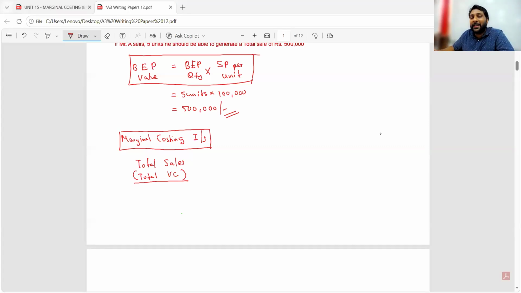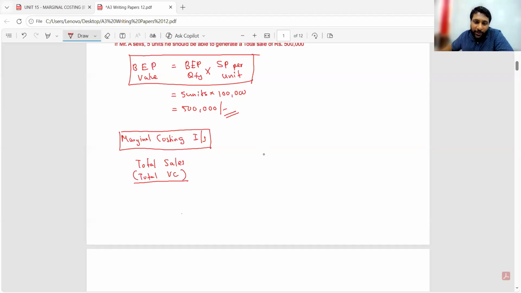From the total sales, if you deduct the total variable cost, what is this? You should be able to tell. From the selling price per unit, if you deduct the variable cost per unit, you get the contribution per unit. Then from the total sales, if you deduct the total variable cost, what are you getting? Total contribution.